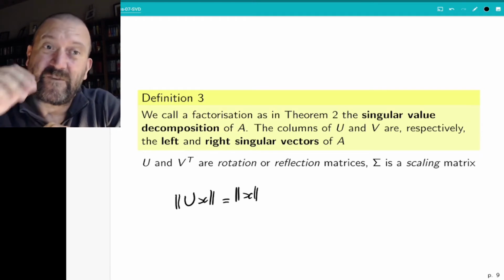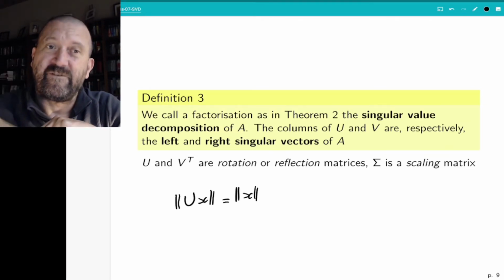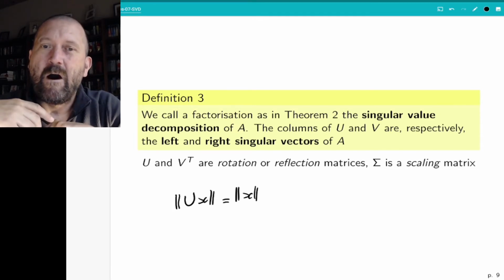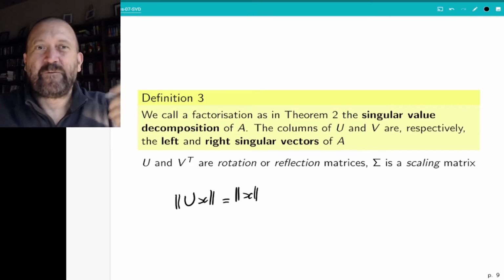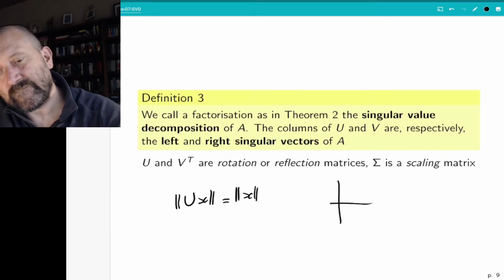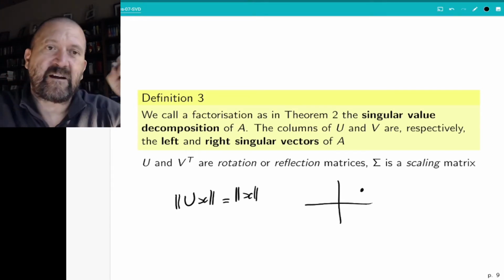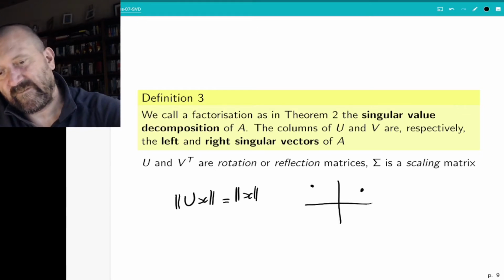And the type of isometries that are encoded by the matrices U and V that we have here are either rotations or reflections. If you think about it, suppose I'm working in 2D. A reflection could be moving this point here, something like this.